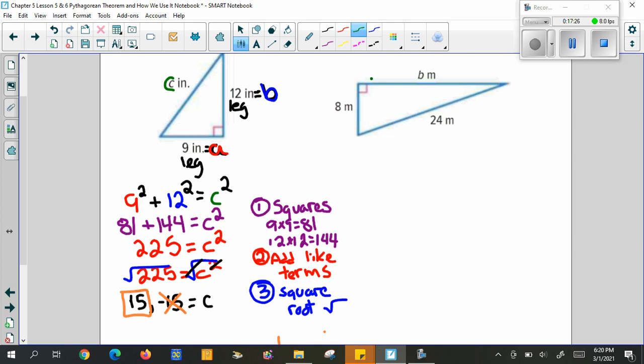Let's see, here's my right angle, and that means the side that is opposite of it is C, which means the 8 must be my A. Again, C is the one that's important. The hypotenuse is always the side away from that right angle.